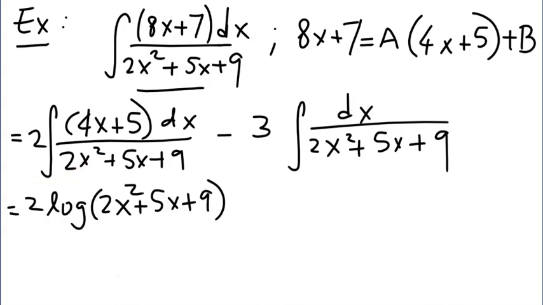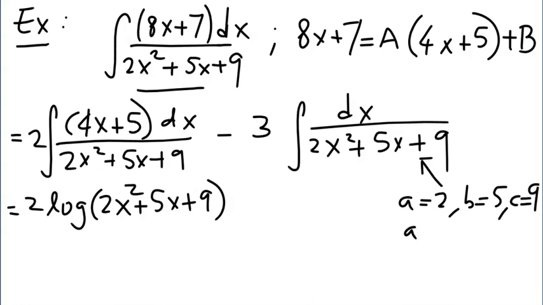Now let's look at the second integral. Which of the three cases does this integral belong to? So in this integrand, a is 2, b is 5, and c is 9.